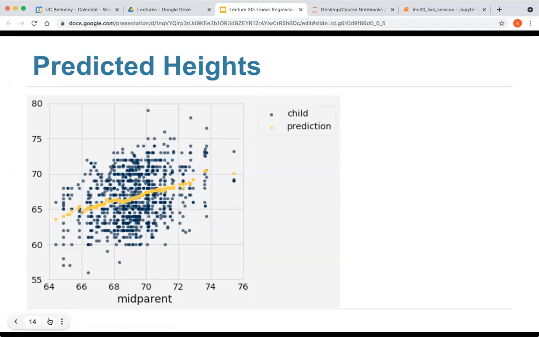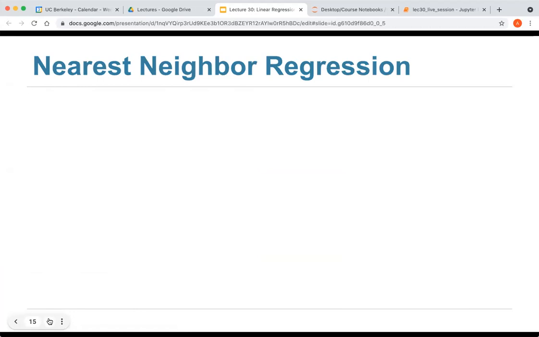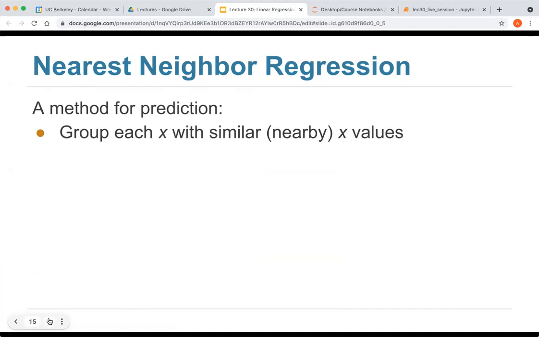So this method of prediction, we are calling a nearest neighbor regression. And I will explain nearest neighbor now, and we'll talk about regression a little bit. Okay, so it's a method for prediction. The variable that I will start with, I'm going to call X, and the variable that I'm going to predict, I'm going to call Y. This is a convention.